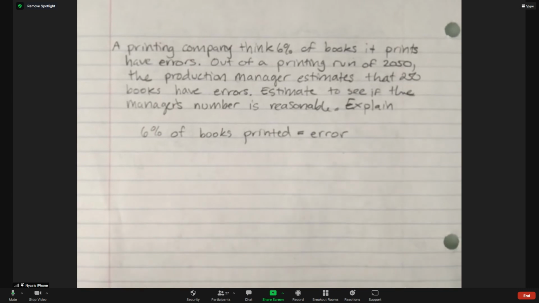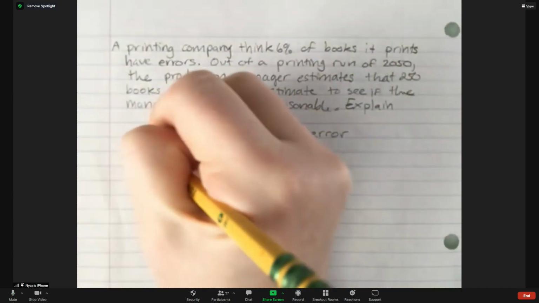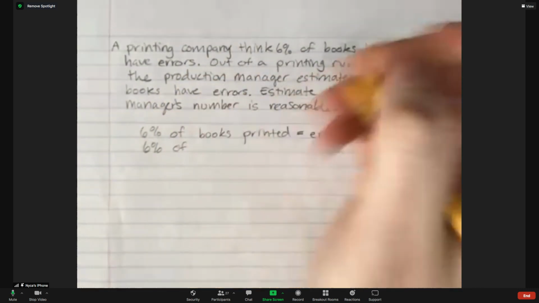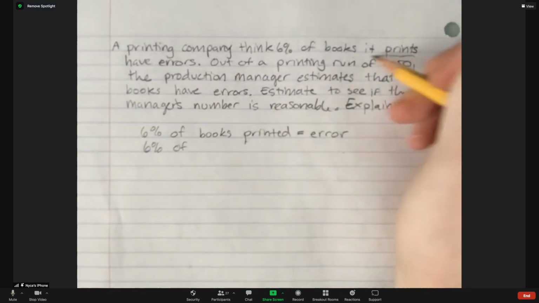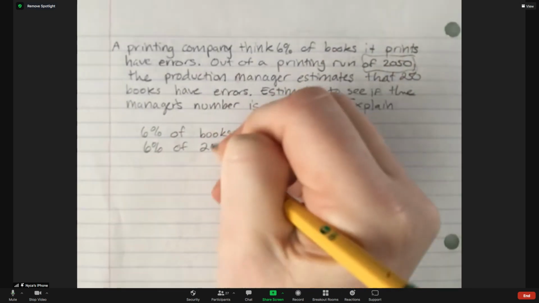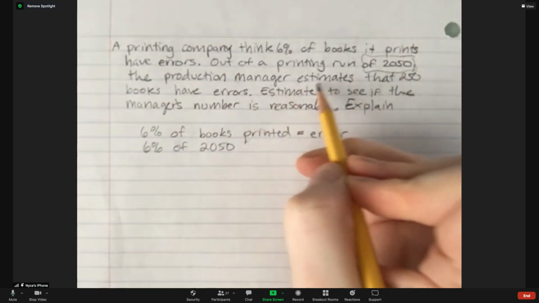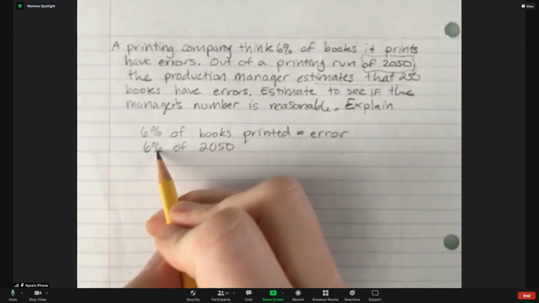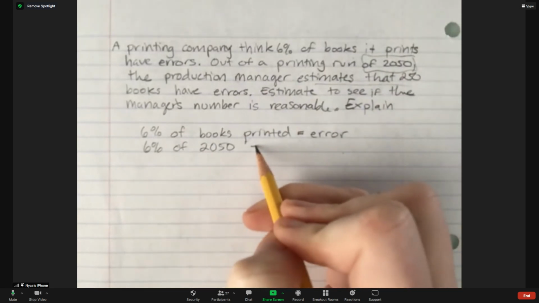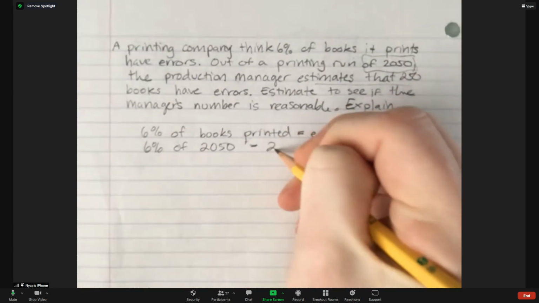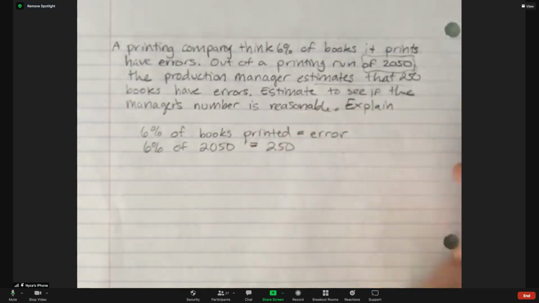Okay, well, 6% of what? It says 6% of how many books were printed? Okay, 2050 is printed. And the manager estimated, he says that the estimate to this problem is 250. So we're checking to see if this is reasonable.